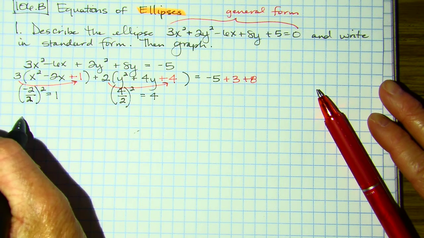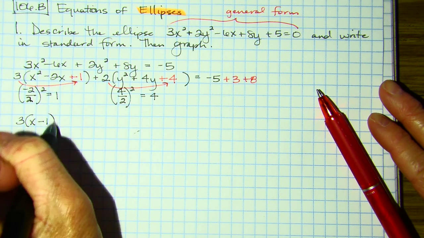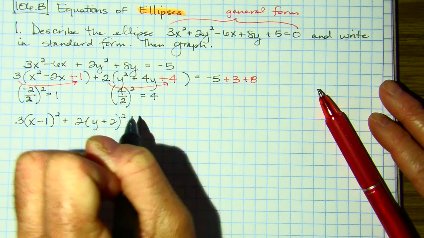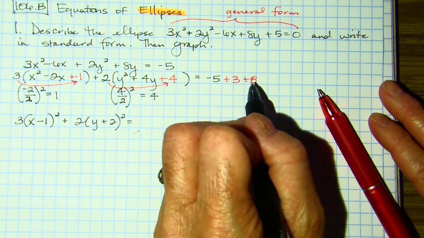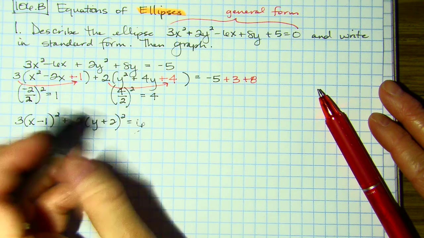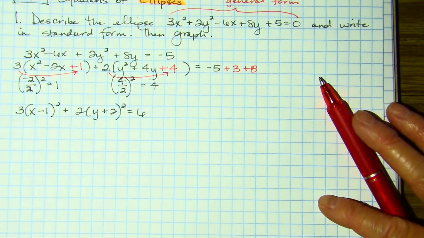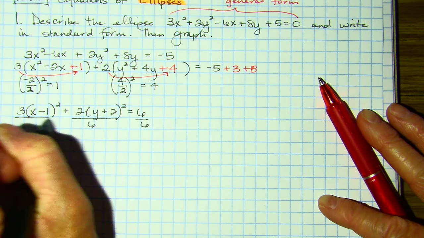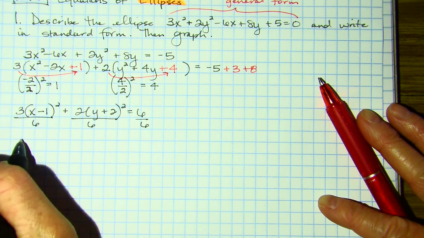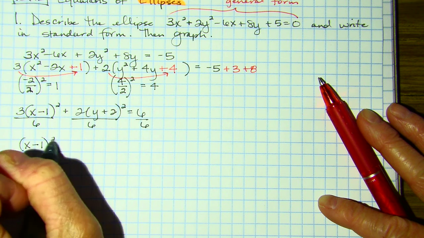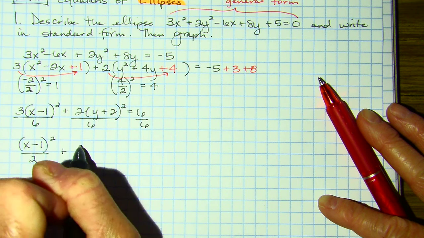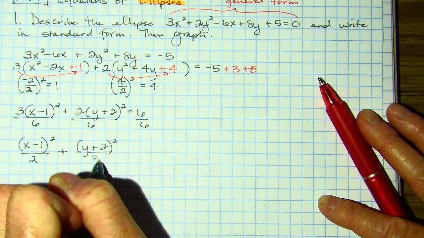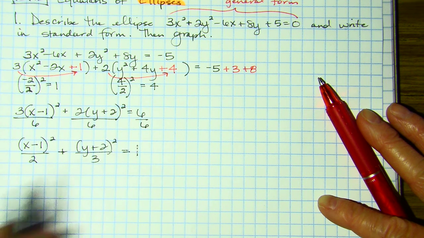So I have 3 times (x minus 1) squared plus 2 times (y plus 2) squared equals 3 plus 8 is 11. 11 minus 5 is 6. Now, if this is an ellipse, I have to divide everything by 6. So that is, it is in standard form. So that gives me (x minus 1) squared over 2 plus (y plus 2) squared over 3 equals 1.